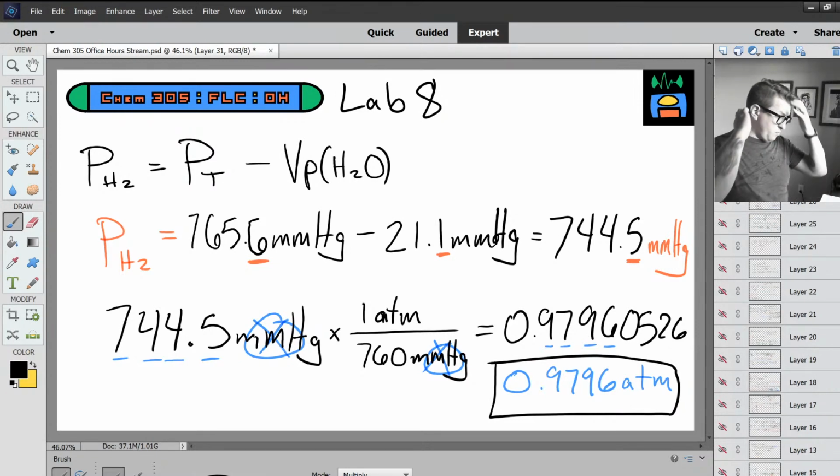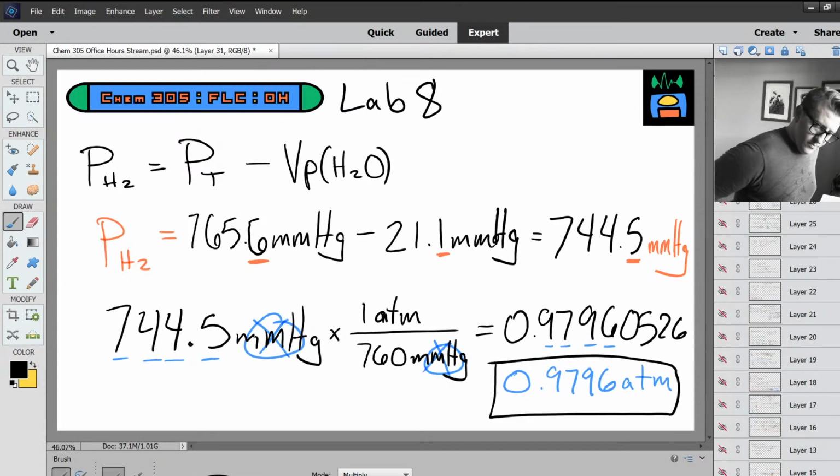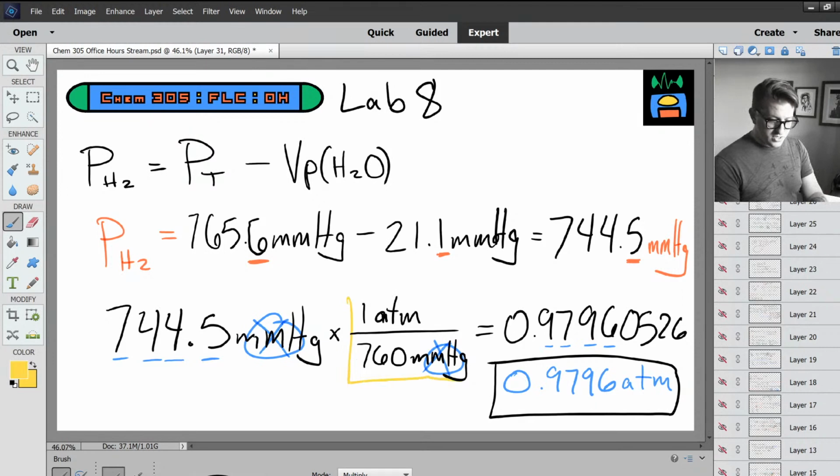Now, I hear what you're saying. You're saying, oh, I rounded to 3 sig figs and my answer wasn't that far off. Does it matter? And the answer to that question is yes. Because this unit conversion is exact.